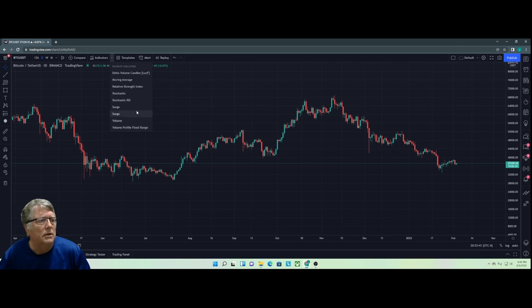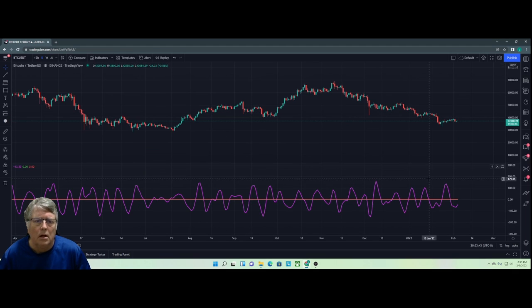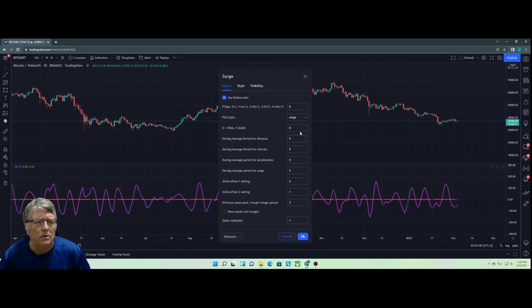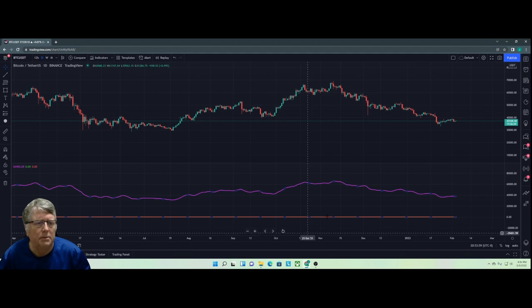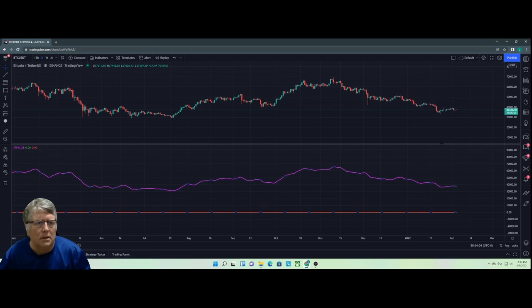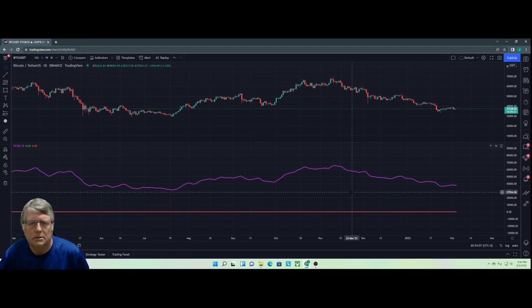I'm going to pull up my surge oscillator, and with this code you can plot the distance, velocity, acceleration, and surge. I'm going to start with distance because I want to show you exactly what this oscillator is doing. It's important that I instill some confidence in you that what you're seeing is actually what you're getting.